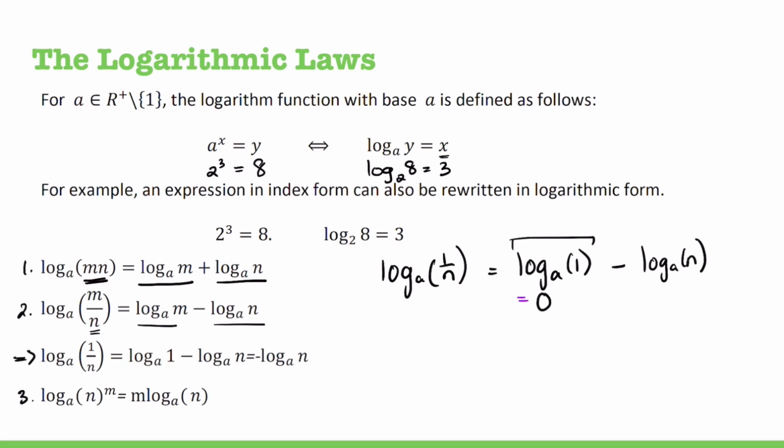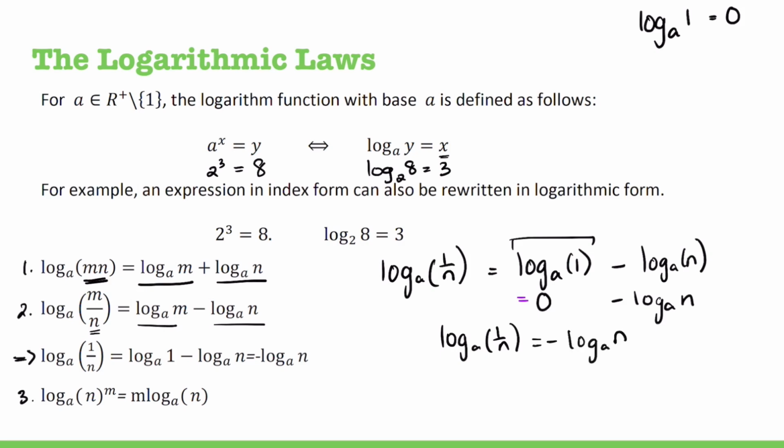And in fact, this is your first side rule that I want you to know. Anything that has an inside value of 1 is 0 because a to the power of 0 will always give us 1. So that's 0. So that's negative log_a n as my answer. So what I can see is that log_a of 1 on n is equal to negative log_a n. What relationship does this have?